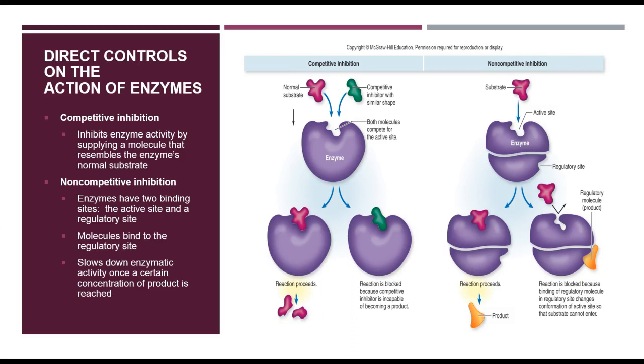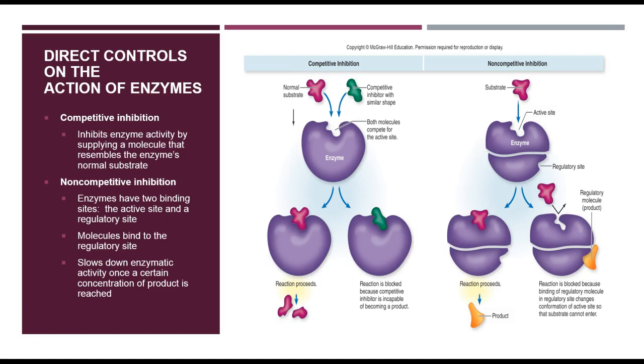So in the first example, competitive inhibition, the enzyme activity is inhibited by a competitive molecule. This competitive inhibitor has the same or similar shape to the normal enzyme substrate, so both molecules compete for a place on the active site of the enzyme.